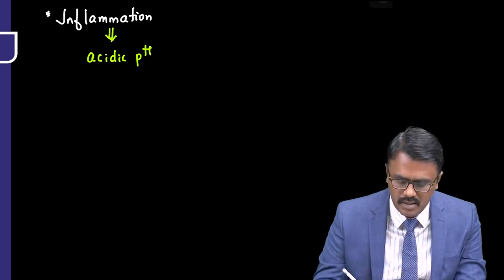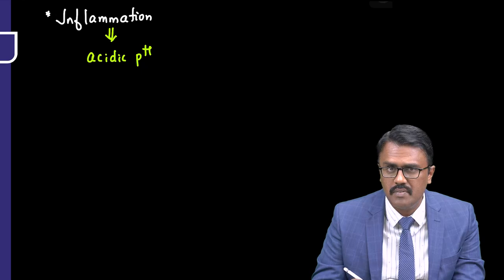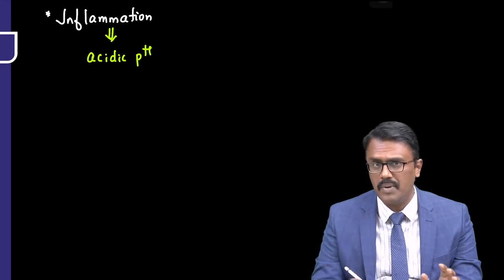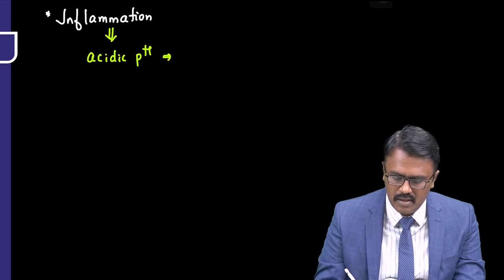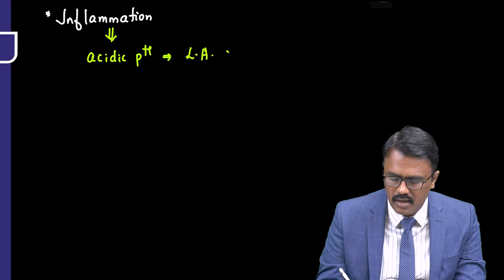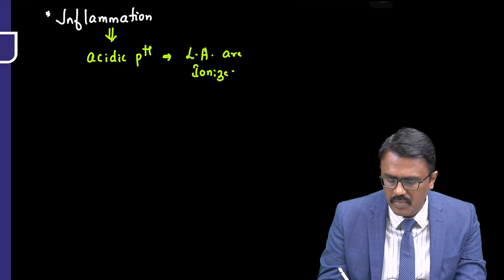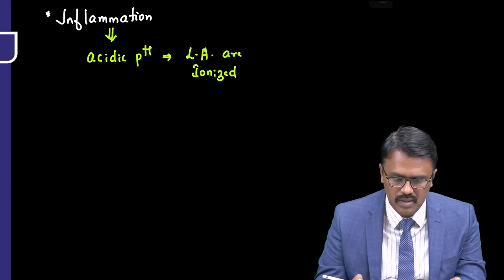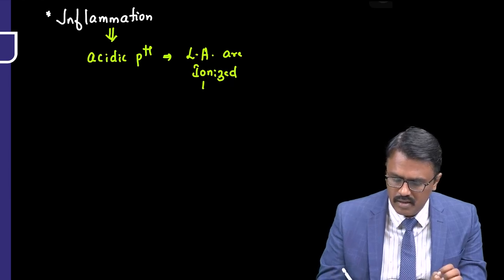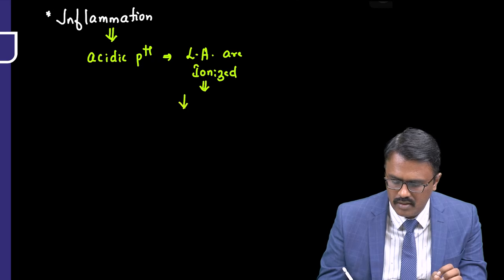Now what happens in the acidic pH? In the acidic pH, local anesthetics are basic and they are ionized. If they are ionized, they will not penetrate the tissue.